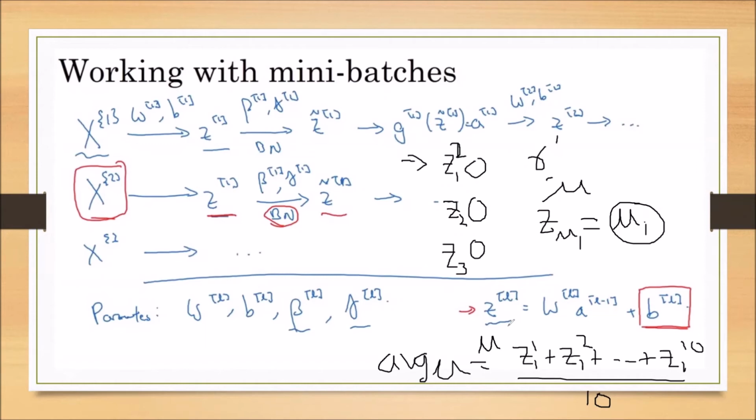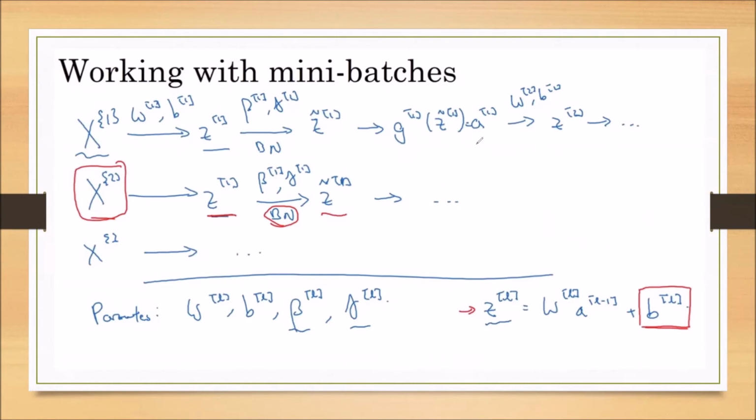Now we are subtracting this Z1 from this mean. This is the mean. Now we got the mean. Again, we are taking the same 3 activation units of the first layer, and this we are calling Z subscript 1, this is Z subscript 2, and this is Z subscript 3.